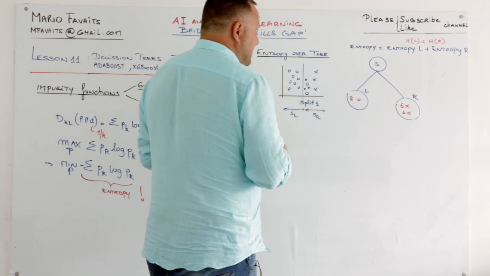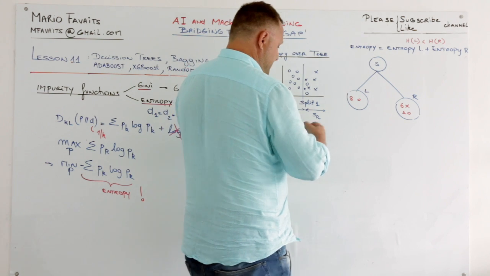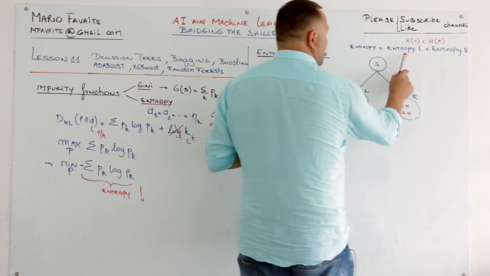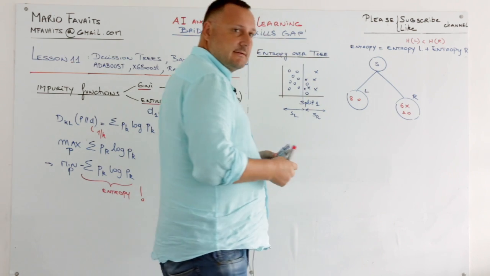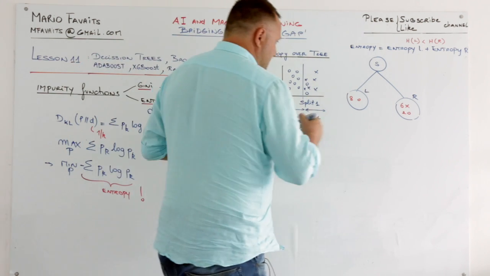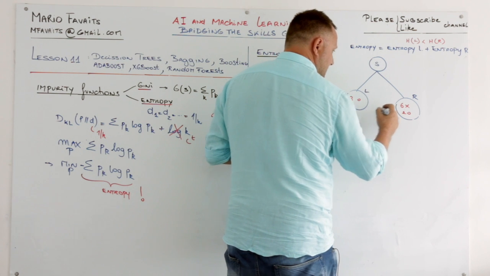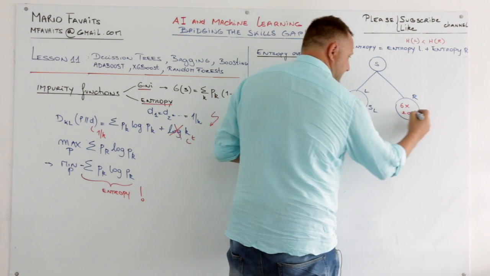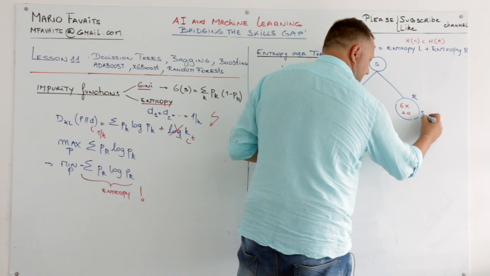Now what is the entropy over the tree? We're going to have to multiply these two with some weights. And what are these weights? Let's call this S to the left and this S to the right.